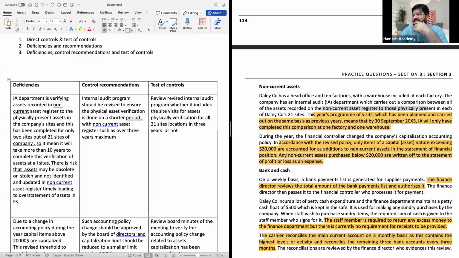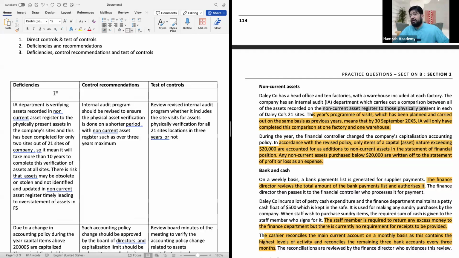The program should be revised, so we will verify. So 5 points are done. One more I will be writing, 6 points. Let us do.